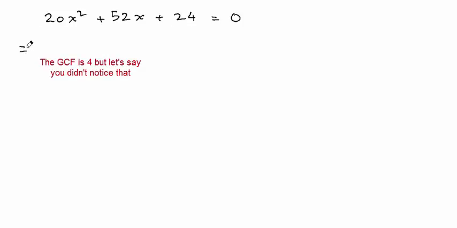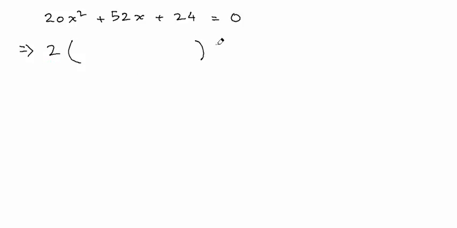We can take out a 2 and then have the rest inside the parentheses. 2 times 10 is 20, therefore this is 10x squared plus 2 times 26 is 52 plus 26x plus 2 times 12 is 24 plus 12 is equal to 0.